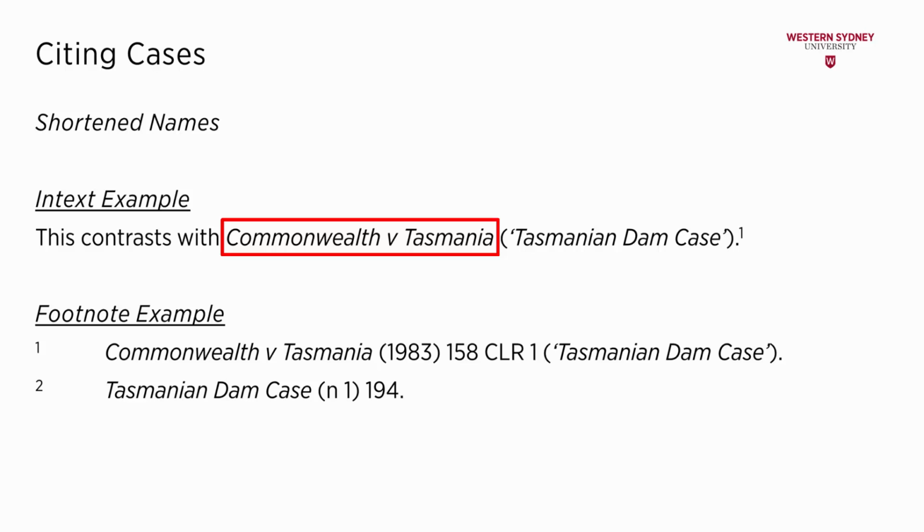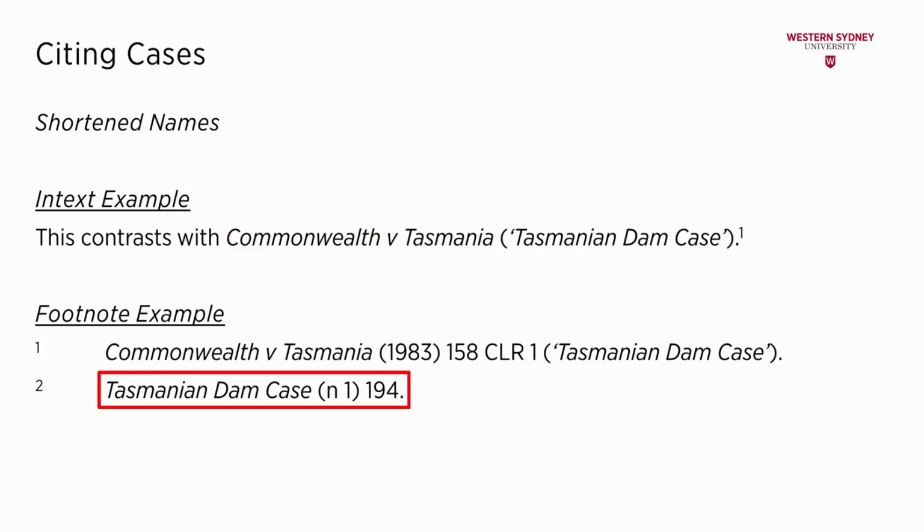The initial citation of any source, regardless of whether it is a case, should always be provided in full. If a short title has so far only been included in the footnotes, the short title should also be included in the text when initially used in the text.